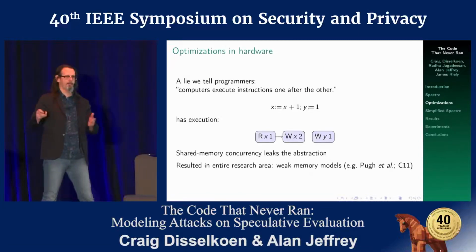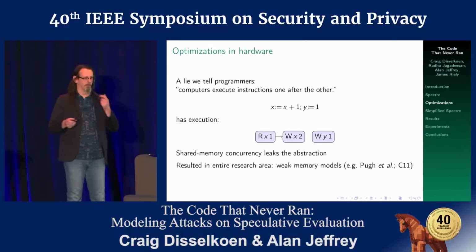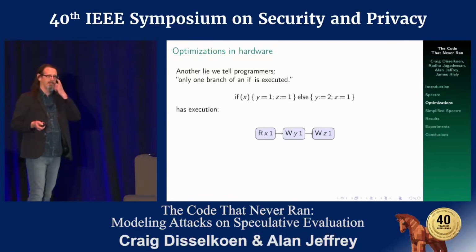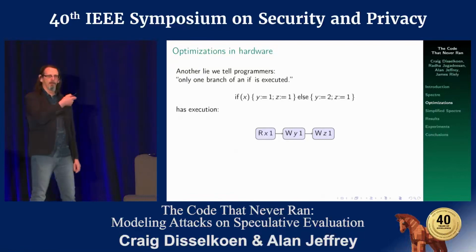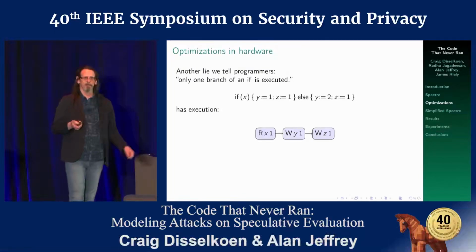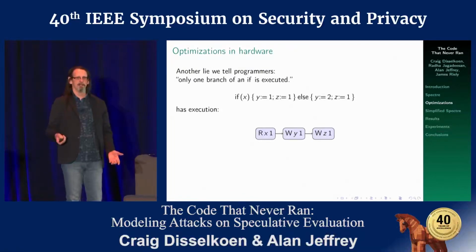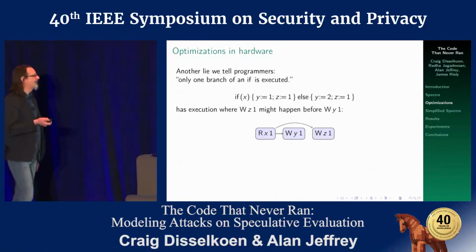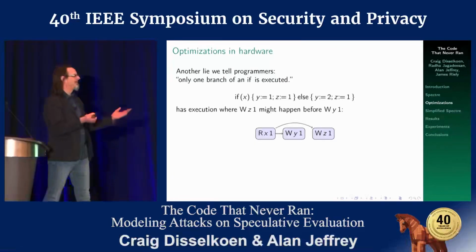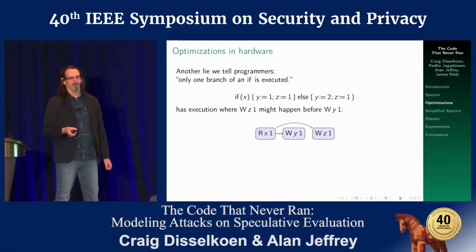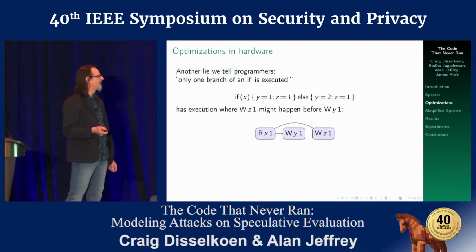Okay, so that's what's happened with instruction reordering. Well, what's happened with speculative evaluation? It's a similar story: we've got this lie that we tell people that you've got an if statement there, and one of the 2 branches is going to get executed. Ha, ha, ha. Well, first of all, we've already seen that there's an untruth there, because that write of z does not depend on the write of y, so there's a lack of dependency.